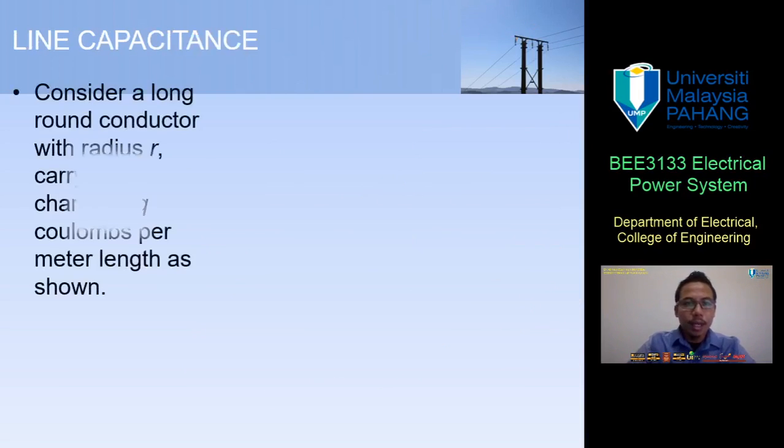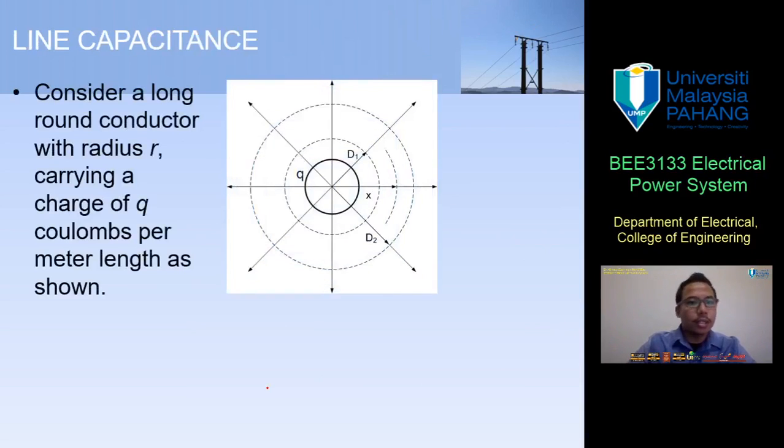And then what about the line capacitance? Let's consider we have a very long round conductor with radius R. Same case as the inductance before, in the same figure, but this time we play with the charge. When you talk about capacitance, there must be a charge.